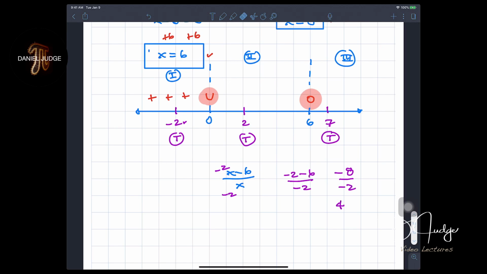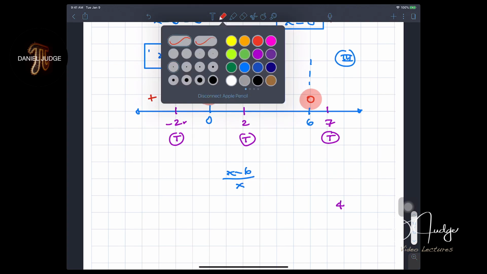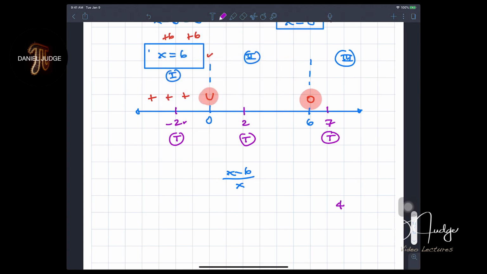Now you may want to test +2, because that's going to be region 2. 2 minus 6 over 2 is -4 over 2, which gives you -2.